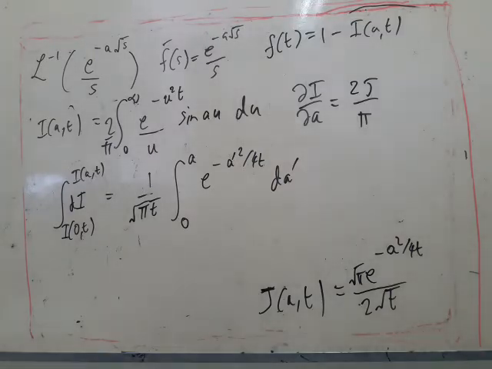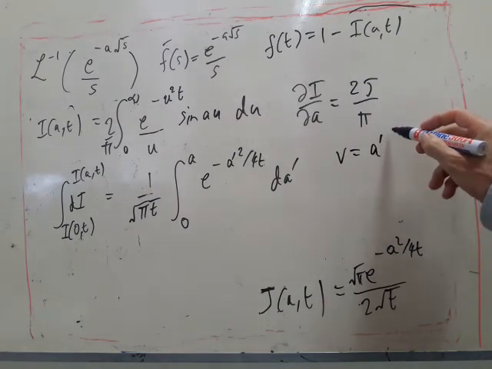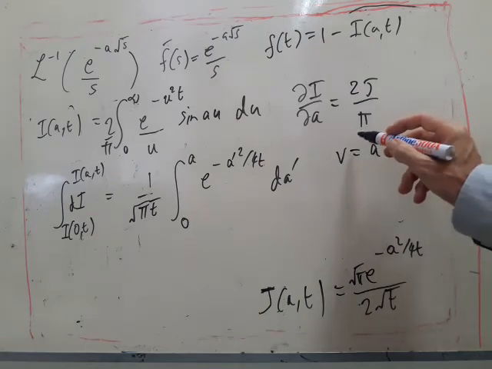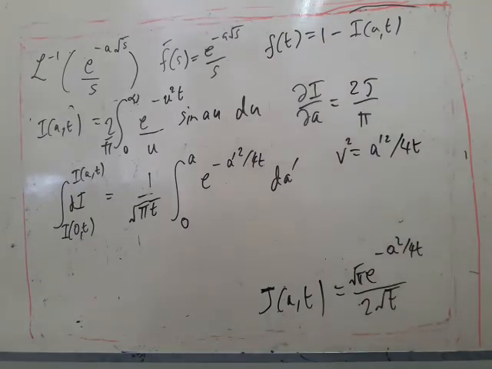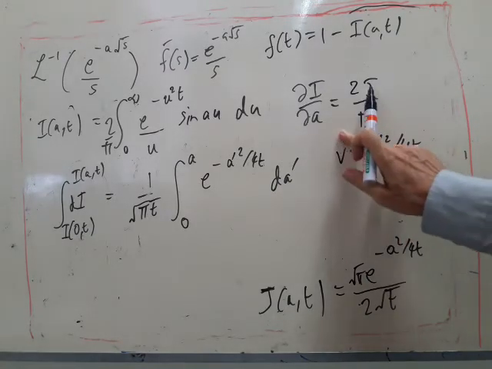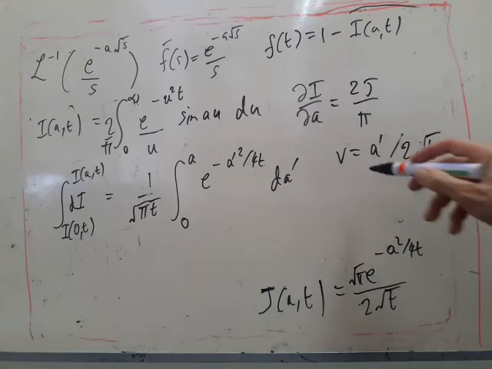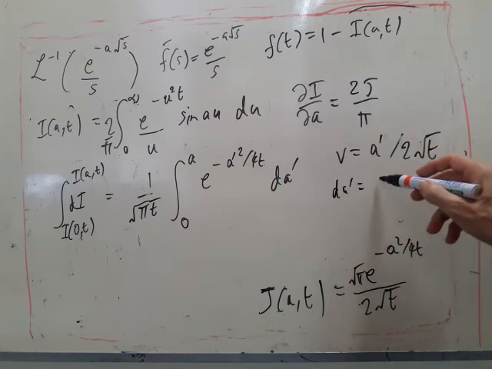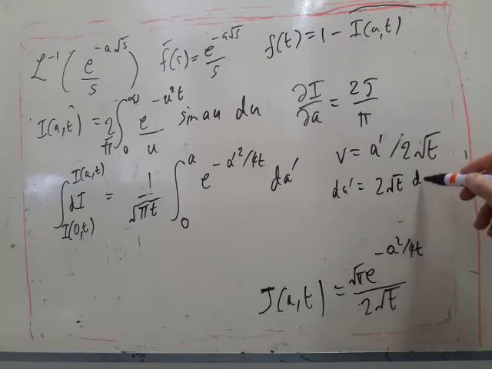So making a change of variable, I'll let b equal a dashed, v squared equal a dashed squared over 4t. Which means, okay, I'll just square root things, it's simpler. Which means that dA dashed is equal to 2 root t dv.